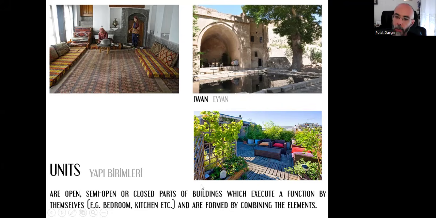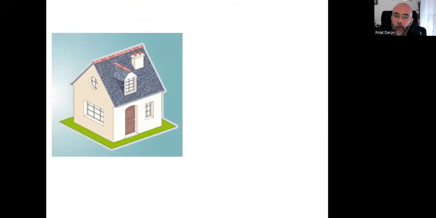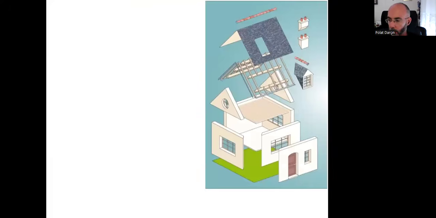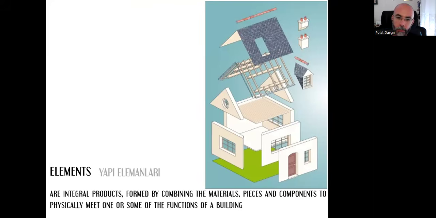And these are formed by elements. So all the parts of a building, including the units, are created by different elements. Eleman, öge, yapı ögeleri, yapı elemanları. These are integral products formed by combining the materials, pieces, and components to physically meet one or some of the functions of the building.